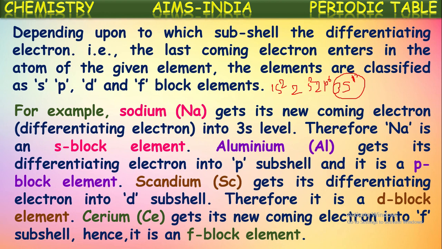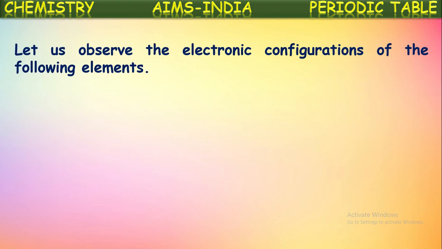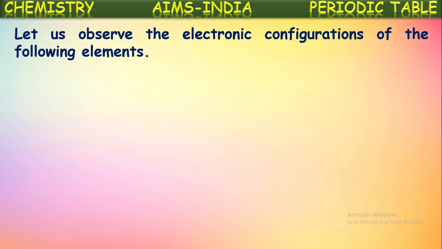Based upon the differentiating electron entering into a particular subshell, all the elements in the periodic table are categorized into 4 blocks. They are s, p, d and f blocks. So let us observe the electronic configurations of the elements which you have seen now.